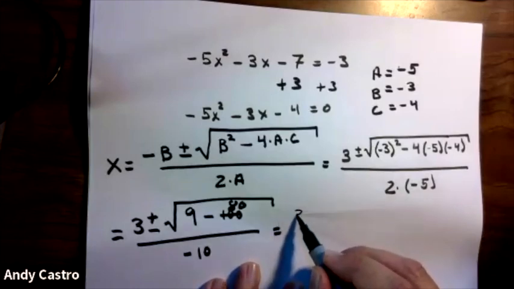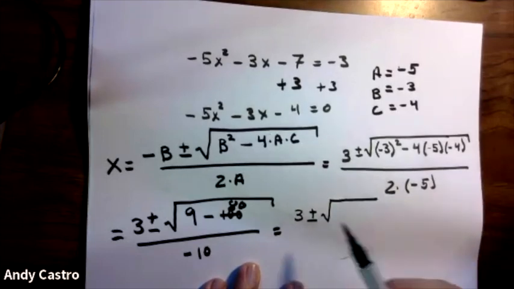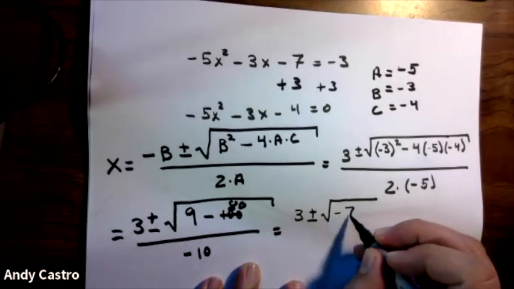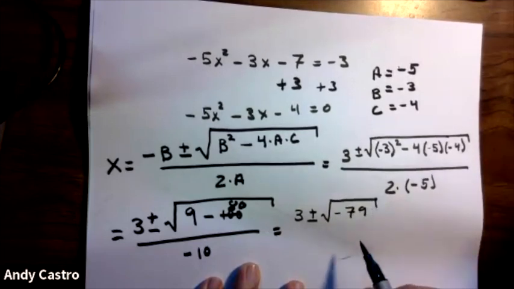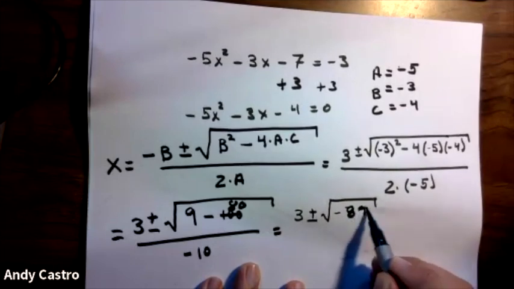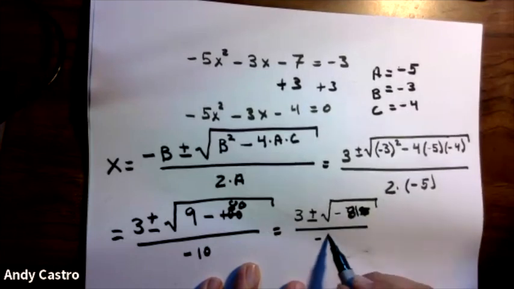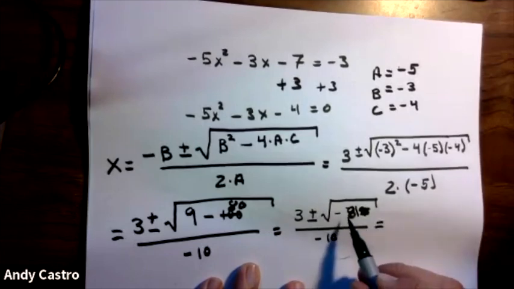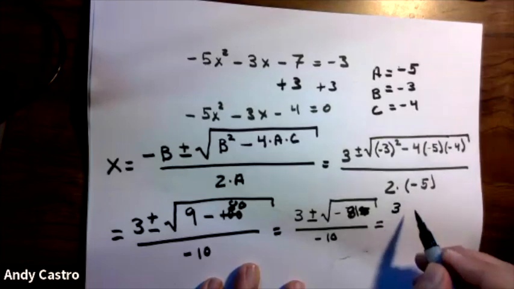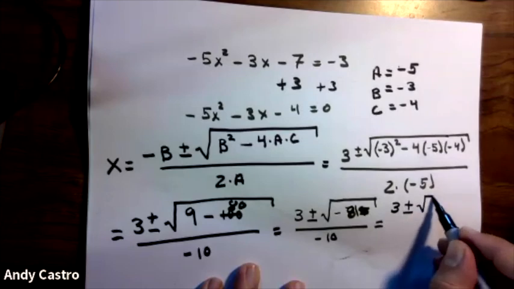All right, so that is 3 plus or minus the square root. 9 minus 80 would be negative 79. I'm sorry, negative 81. That's what it is, negative 81. I went the wrong way on that. Negative 81 divided by negative 10. Now, this one actually has the benefit of 81 being a perfect square.